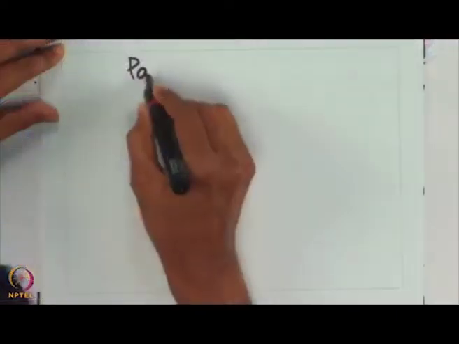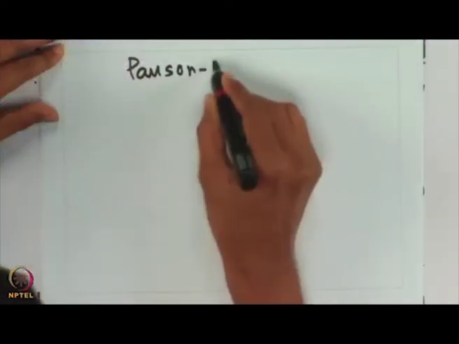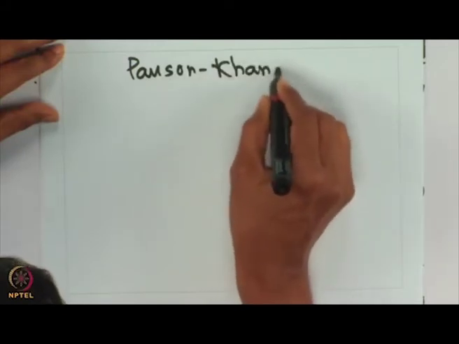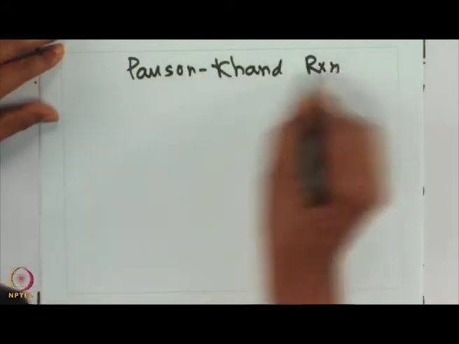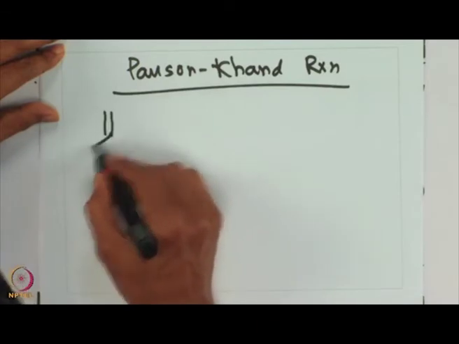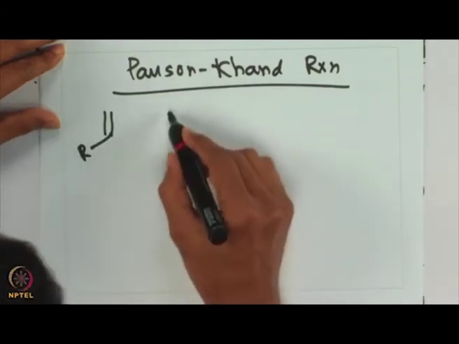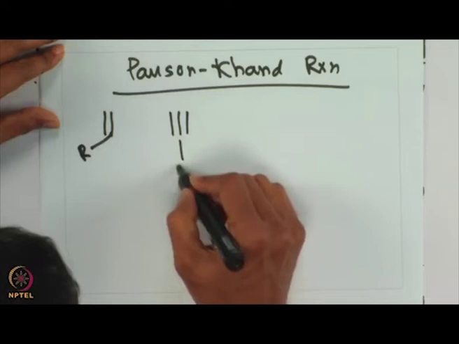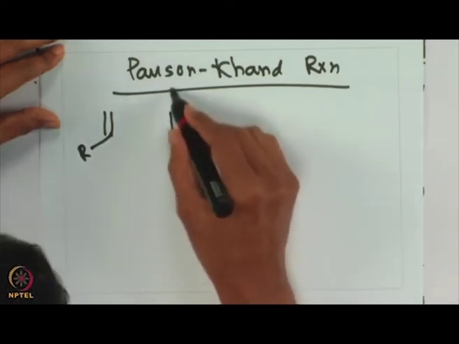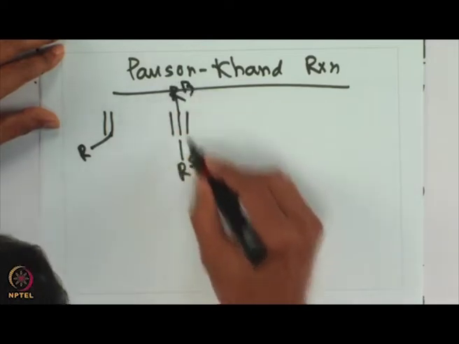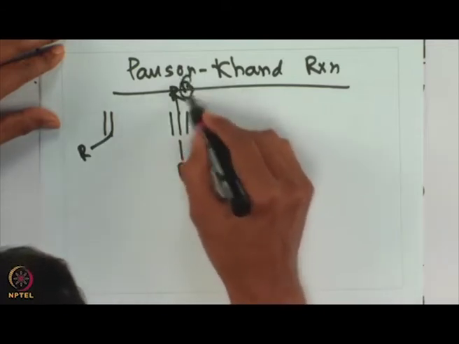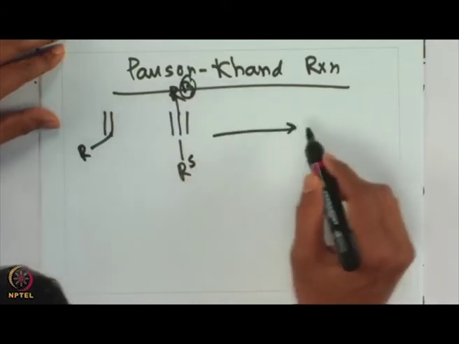Okay, Pauson-Khand reaction. It is one of the very widely studied reactions. Usually it is an olefin, substituted of course, and an alkyne. Again, it can have a small group and a big group, this is big and this is small.